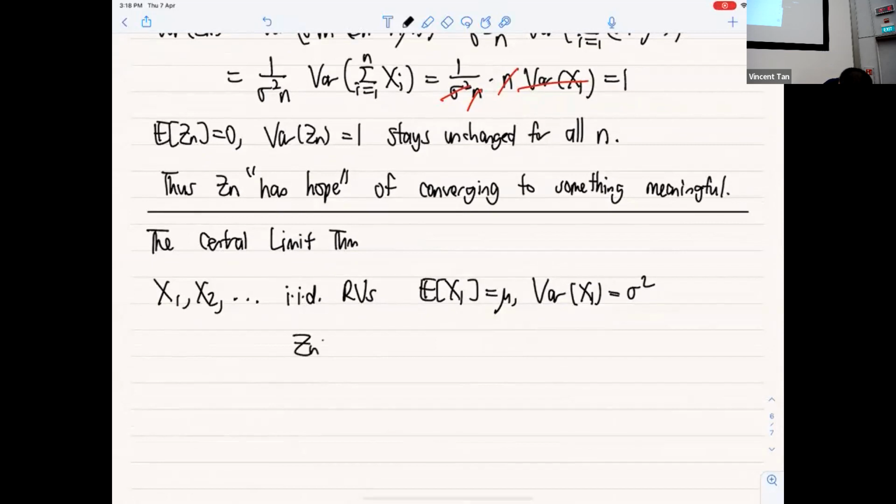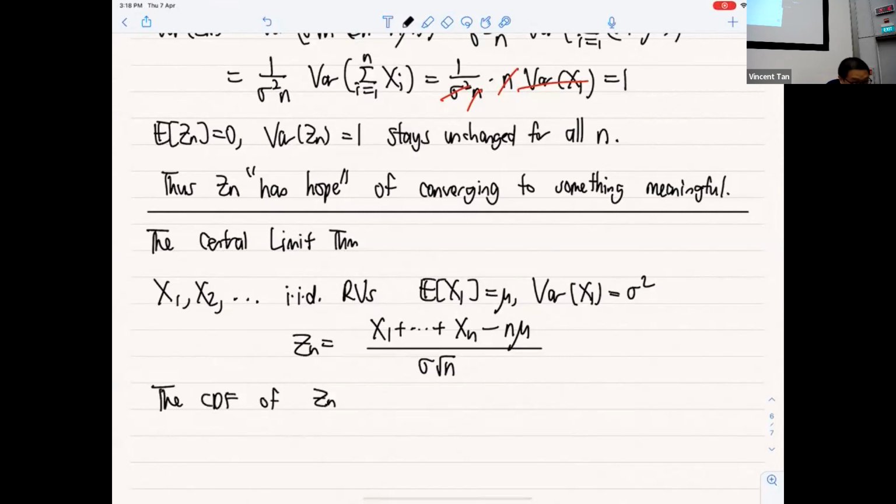Now I create the random variable Zn, which is basically the sum of these random variables, take away n times the mean so as to make it 0 mean, and divide so that I make the whole thing have variance 1. Then the central limit theorem says that the CDF of Zn converges to that of a standard Gaussian.